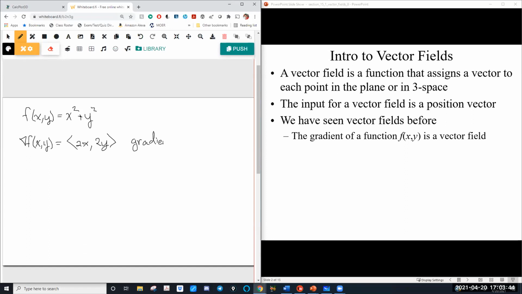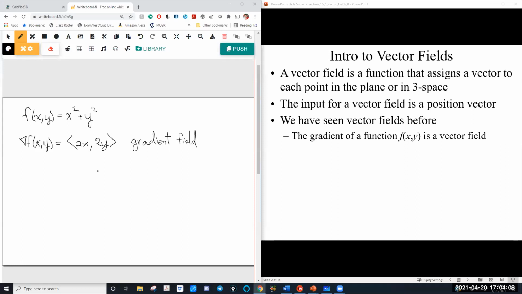So to differentiate between the two, gradient fields are just a specific case of vector fields. And that means that they're the gradient of some function. So all gradient fields are vector fields. Not all vector fields are gradient fields.